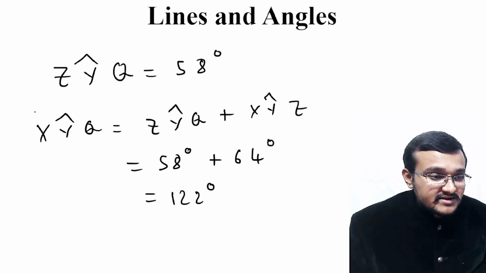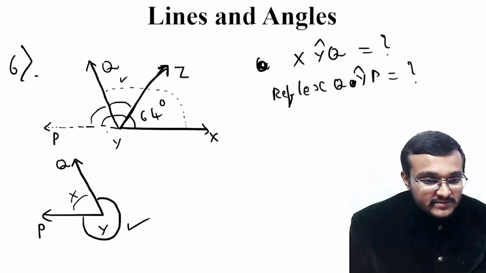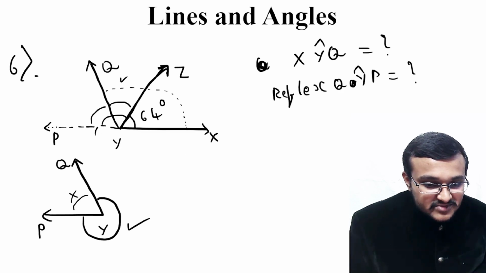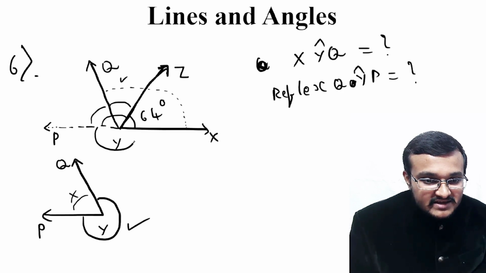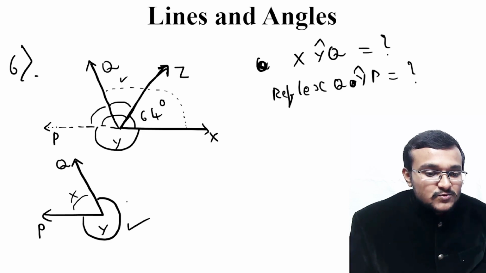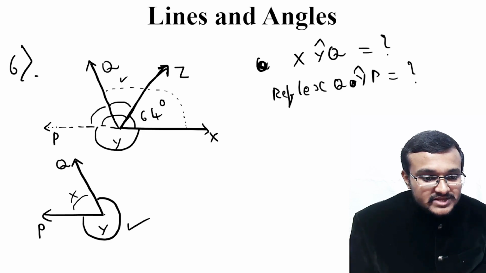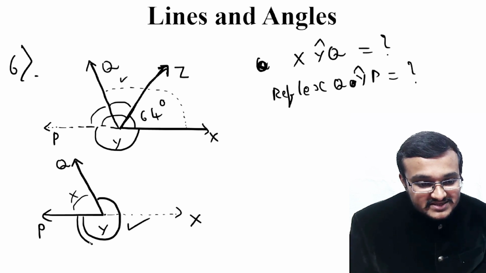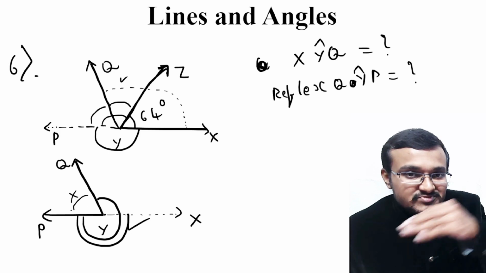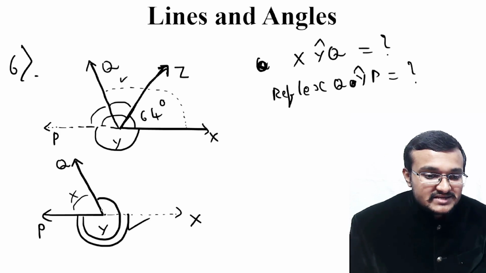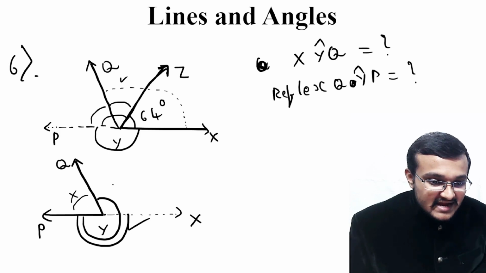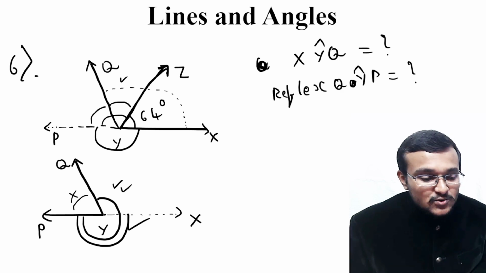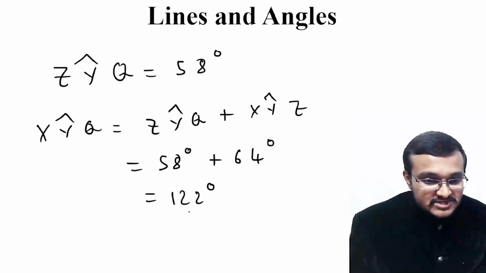Now we have to find out the reflex of this particular QYP. Since XP is a straight line, just draw one imaginary line like this. This is X. This angle is 180 degrees because XP is a straight line. So XYP is equal to 180 degrees, and we have found XYQ is equal to 122 degrees.